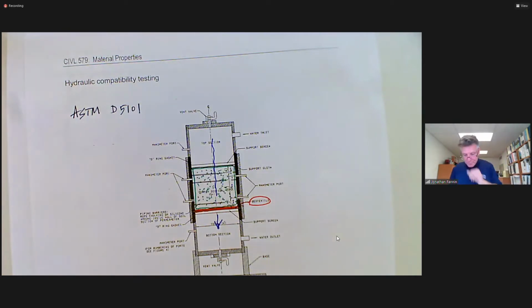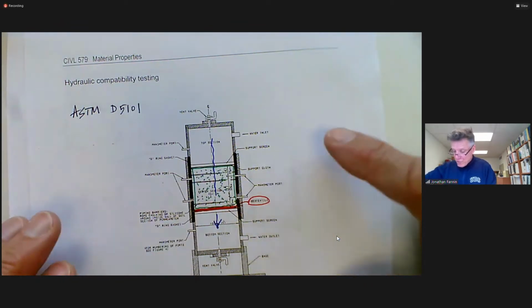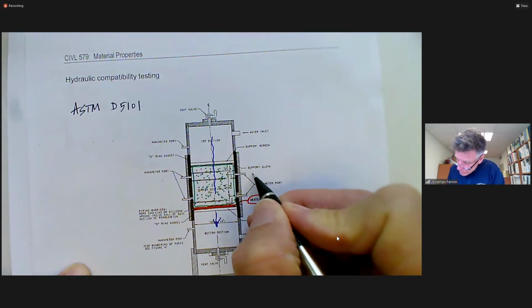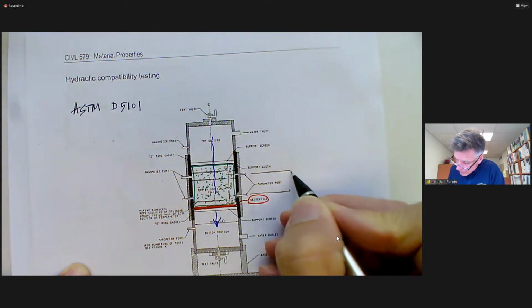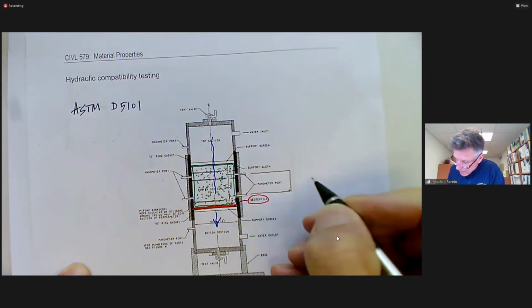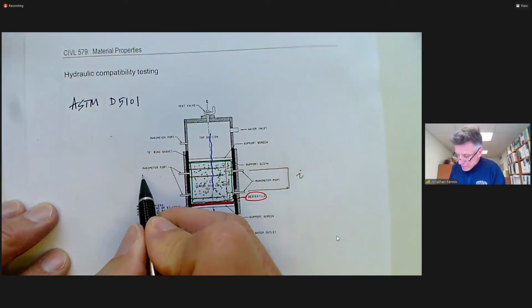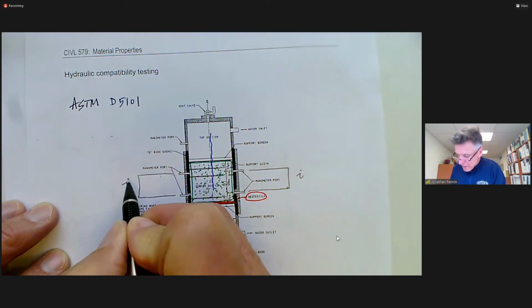In essence, we have the ability, by tapping manometer ports or putting a differential pressure transducer across them, to measure a differential head. If we measure a differential head and we know the distance between the tapping points, we can get a hydraulic gradient i. In fact, we could measure it on both sides of the permeameter to get a redundant measurement of a gradient i.